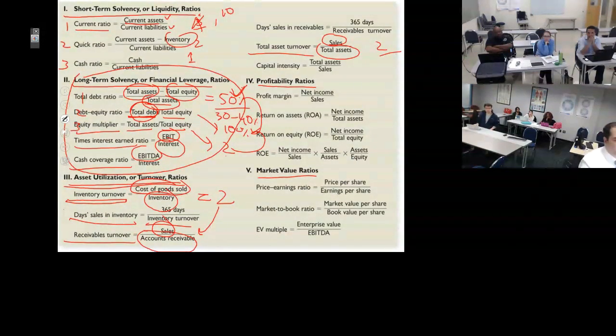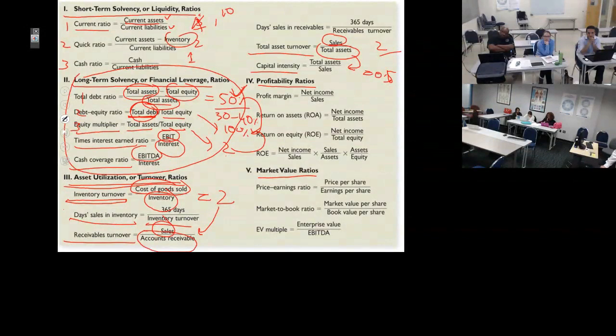And then capital intensity. That is total assets divided by total sales. So this is the reverse of that ratio. Let's suppose that if the other ratio is 2, this is equal to 0.5.